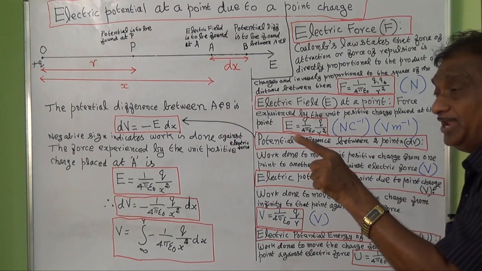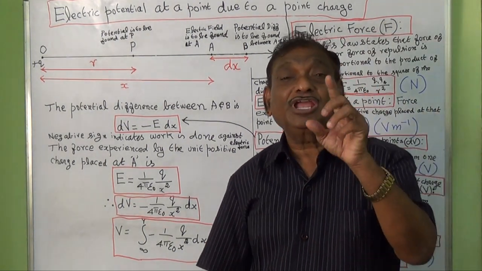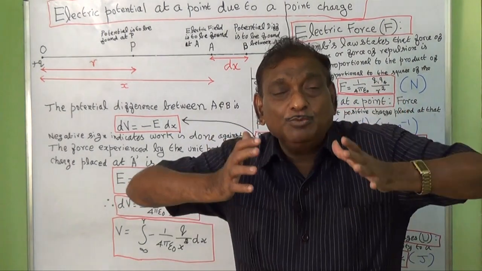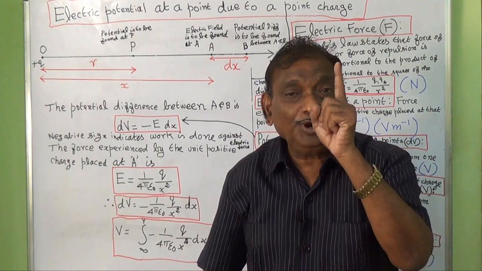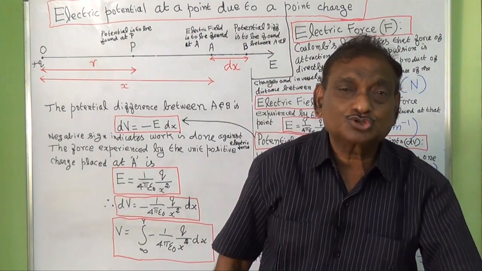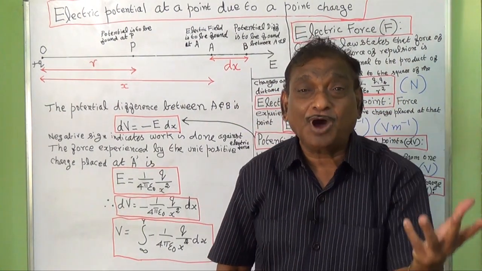Here work is done. For what purpose is the work done? The work is done to move the charge. How much charge is to be moved? 1 unit positive charge is to be moved. From where to where? From one point to another point.